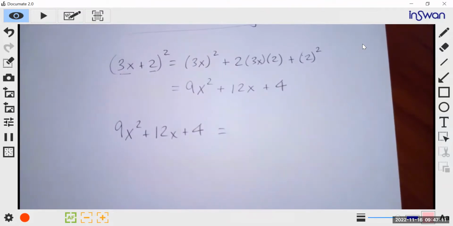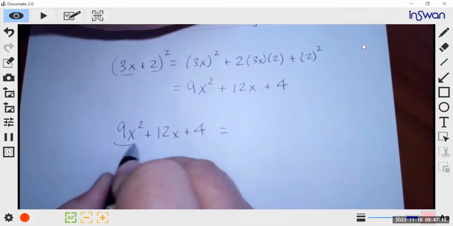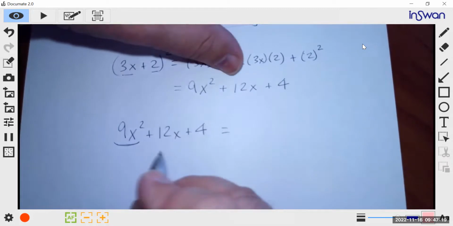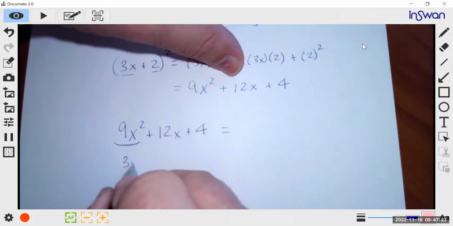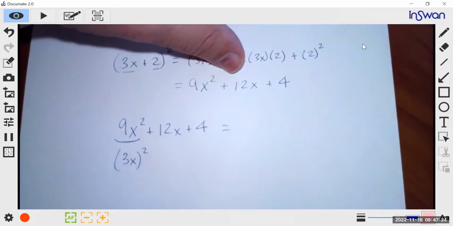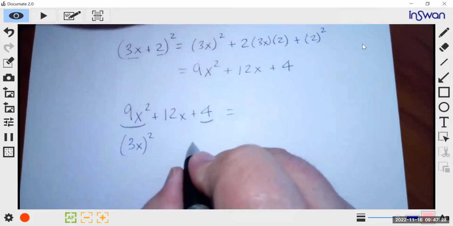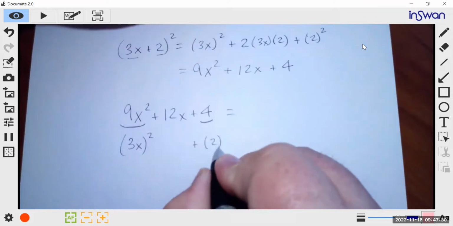You have to look at 3 things. First, is the first term a perfect square? It's made up of 3x squared, right? Is the last term a perfect square? It's made up of 2 squared.